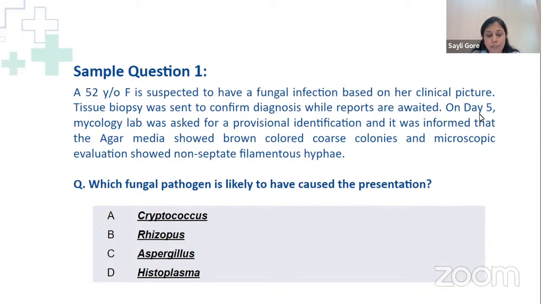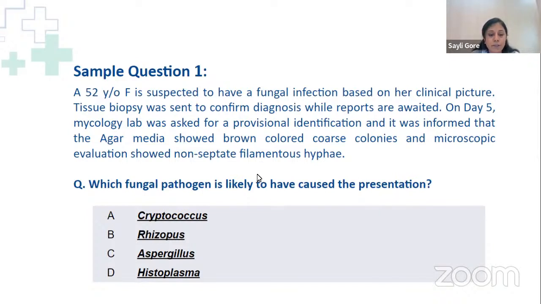After a few days, if you are very curious you can call up the mycology lab and ask for the provisional identification. The provisional identification was that the agar media showed brown colored coarse colonies, and microscope evaluation showed non-septate filamentous hyphae. Which fungal pathogen is likely to have caused the presentation?